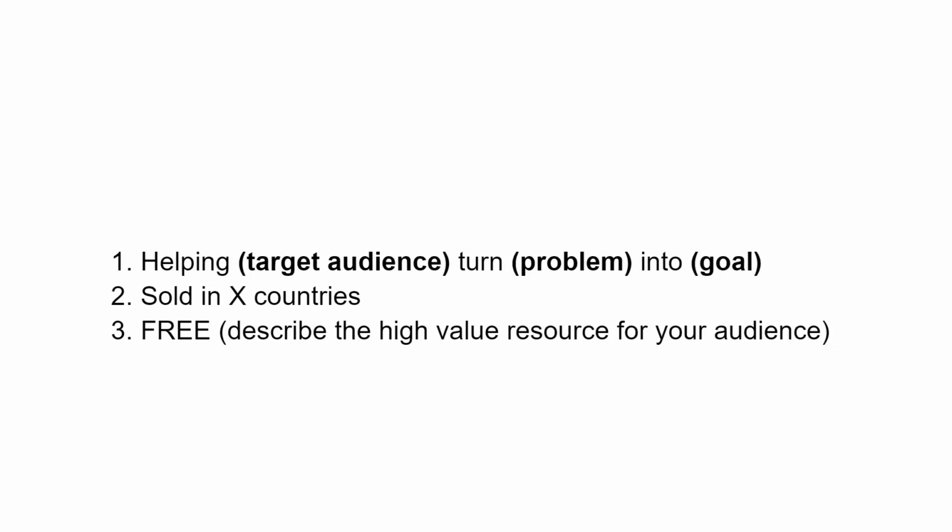And so if you have a physical product, this could be the number of countries you sell in, or if you're made in the USA, then you might say made in the USA, something that really connects with your audience and tells them that you can be trusted, whether that's number of units sold, how many countries you've sold in, or how many clients you've served.